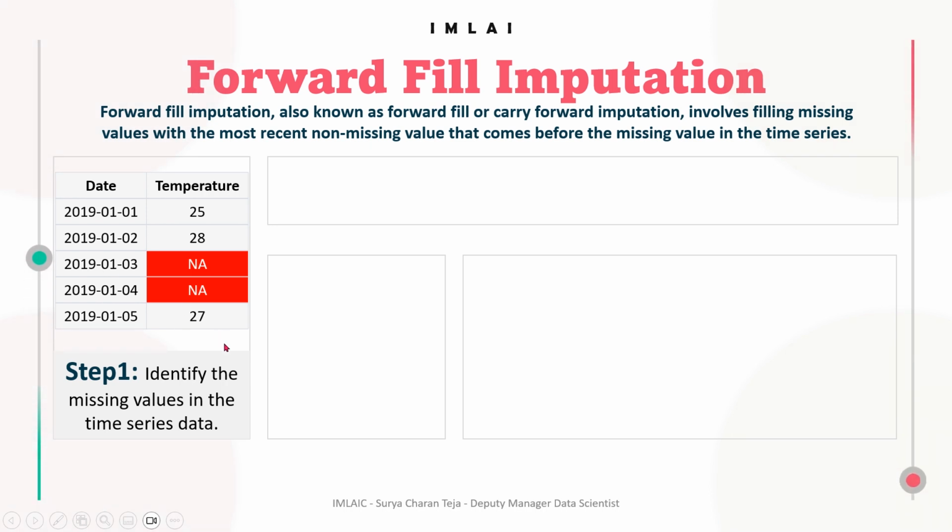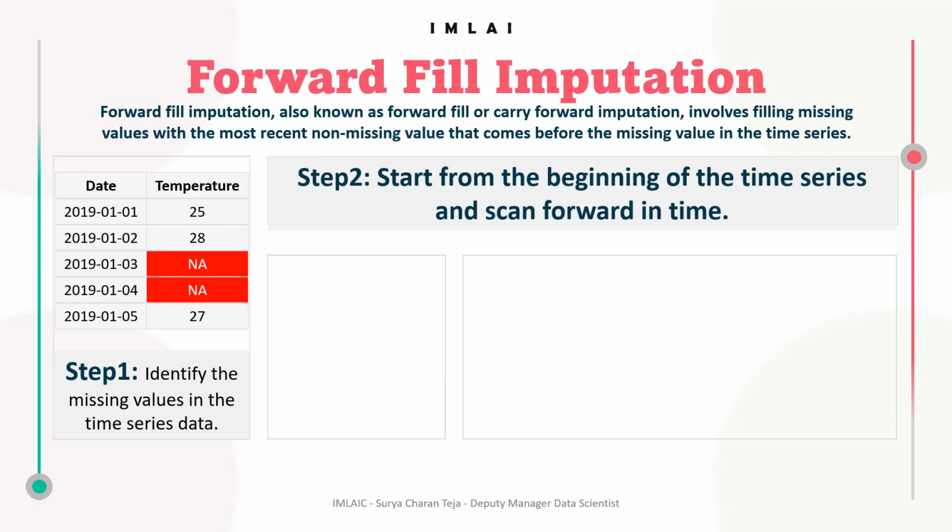Once you have identified the missing values, step 2 is to start from the beginning of the time series data and scan forward in time. That means first month, January, day 1, then day 2, day 3, day 4, and so on, then go to Feb, then March. Like that, you start from the beginning of the time series and scan forward in time.